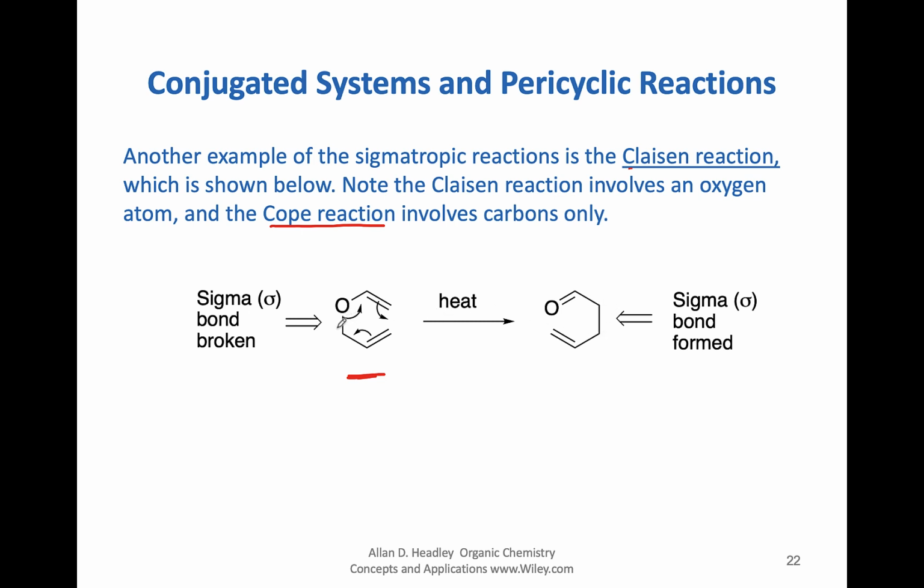So if you push arrows or use arrows to show electron movement, here it is. So the transition state, if you were to draw the transition state, would be this.